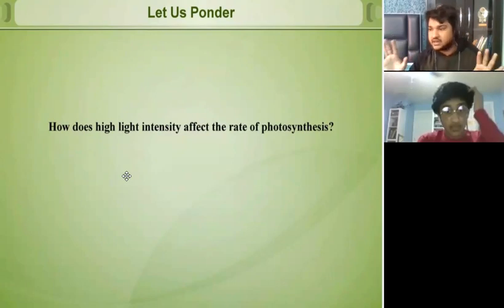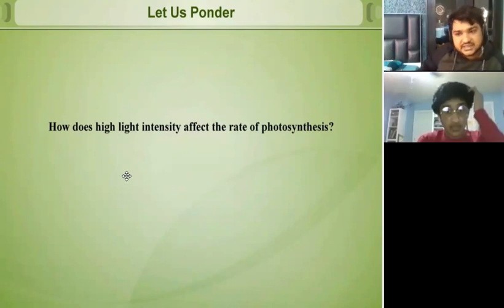See, in the winter, taking heater air is good, but is extreme heat good or not? No, too much is bad. It can burn your skin. The same thing is happening here. So good intensity is good, but very high light intensity is not good for the chlorophyll.